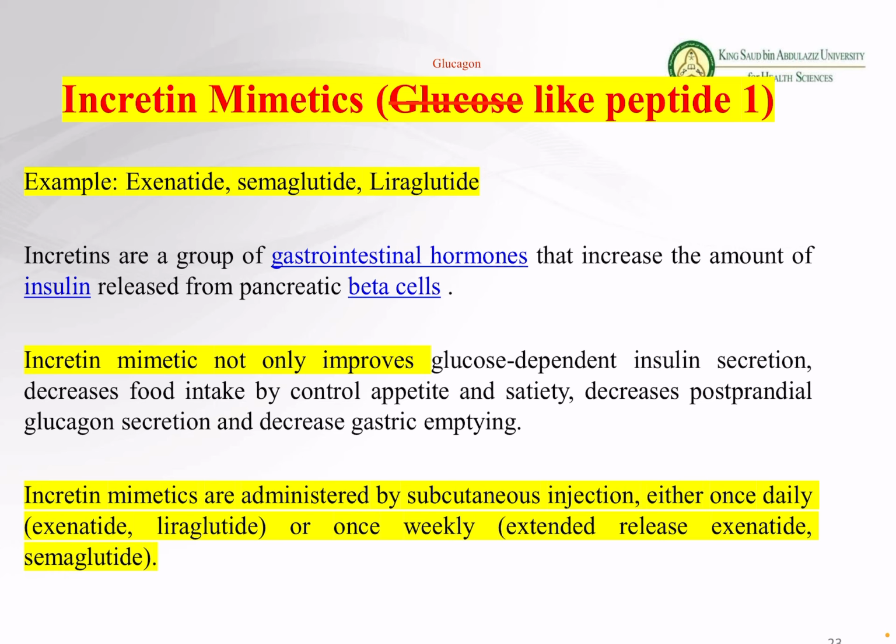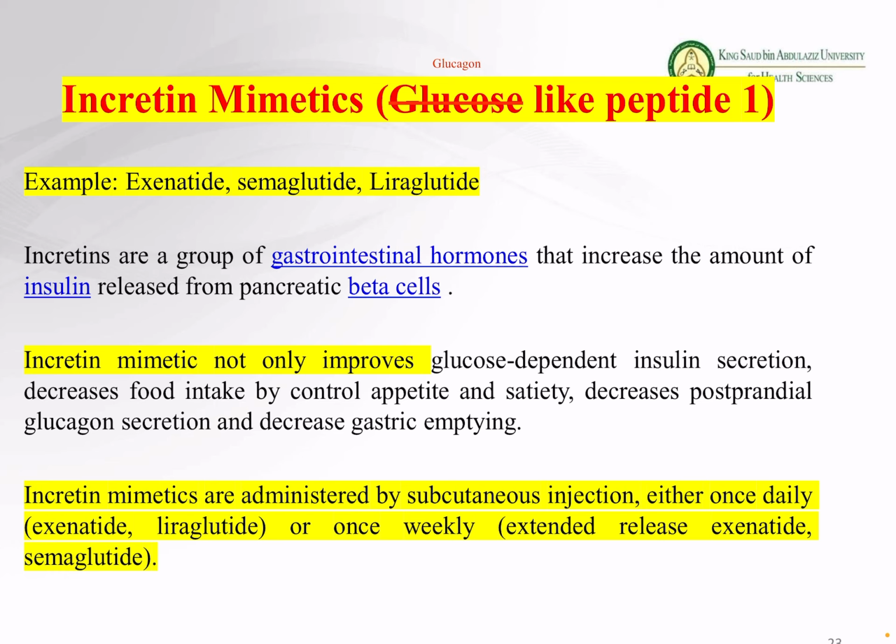Incretins are a group of gastrointestinal hormones that increase the amount of insulin released from the pancreatic beta cell. So being incretin mimetics, these drugs will increase incretin, and further production of incretin will increase the amount of insulin released from the beta cell of the pancreas.